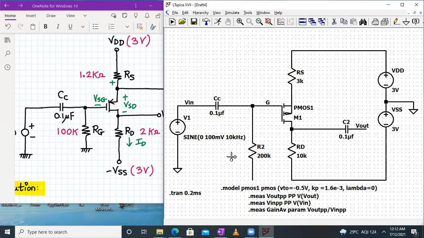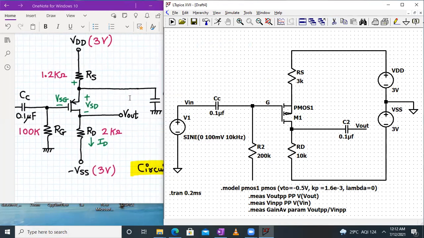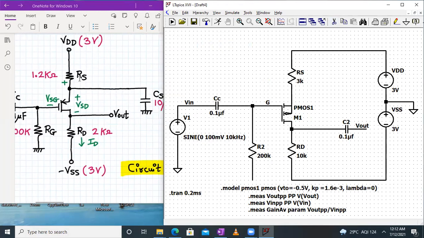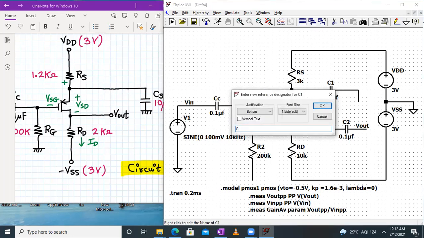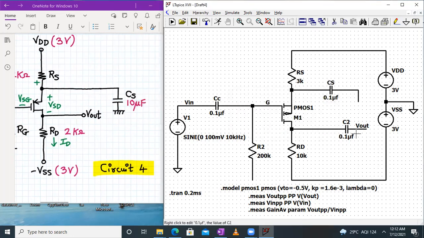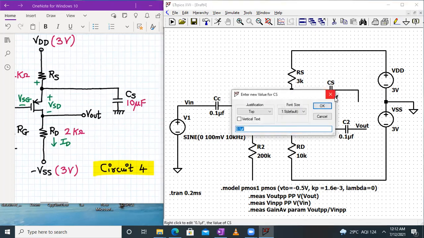And I think the rest is more or less the same. The capacitor is across the resistor also. So here we copy one more capacitor like this, and that is going to the ground also. So let me connect a wire. This is the capacitor CS. So CS we have added, and its value is 10 microfarad.